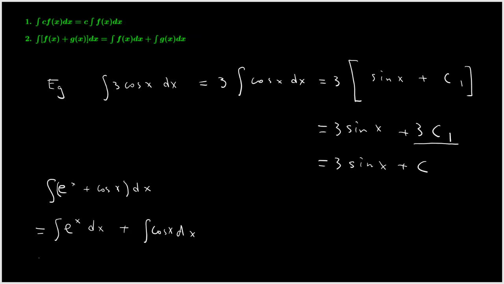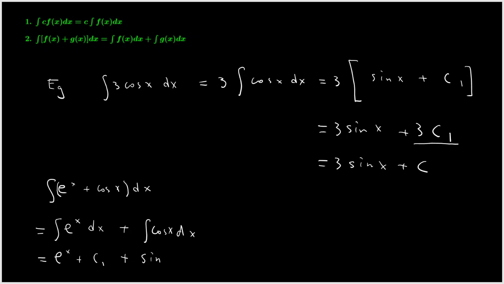The indefinite integral of e to the power of x, you just look at the basic formula. It's e to the power of x plus c1. And then the indefinite integral of cos of x is sine of x, right?